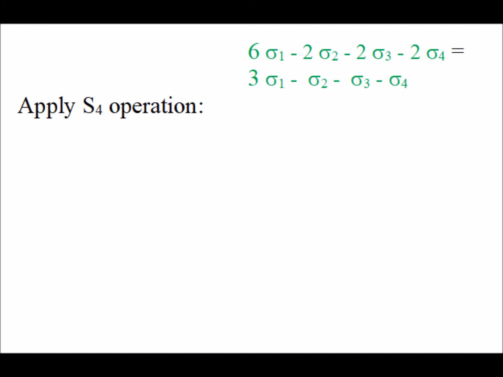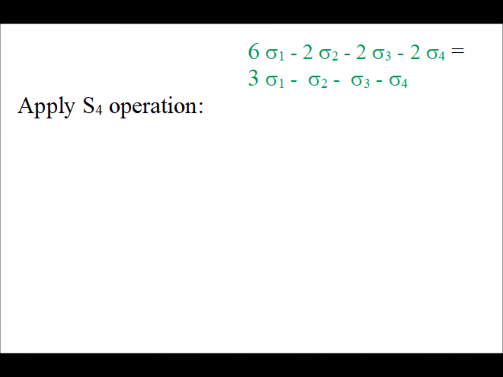Well, if we use one of the S4 operations, we've already seen how S4 affects sigma 1 in detail. So similarly, we want to see what happens to sigma 2, sigma 3, and sigma 4 using the fact that the S4 operation is a linear operation. So the effect on 3 sigma 1 is 3 times the effect on sigma 1.